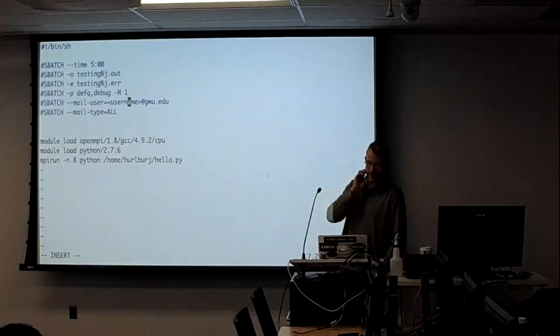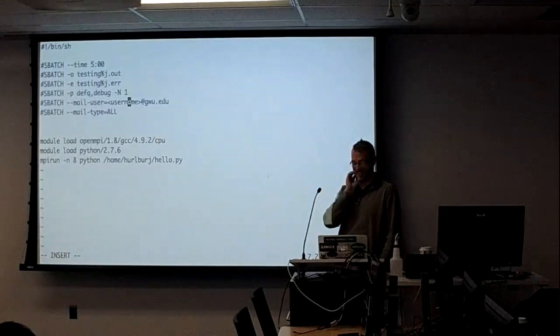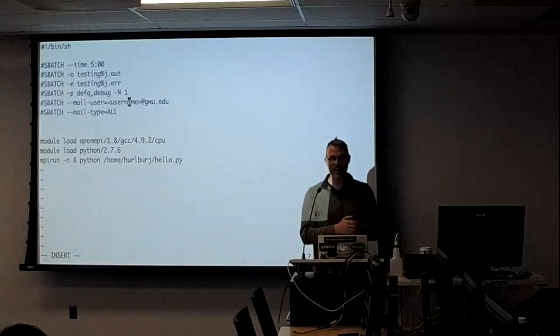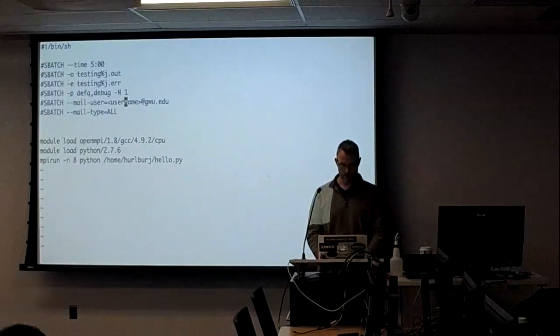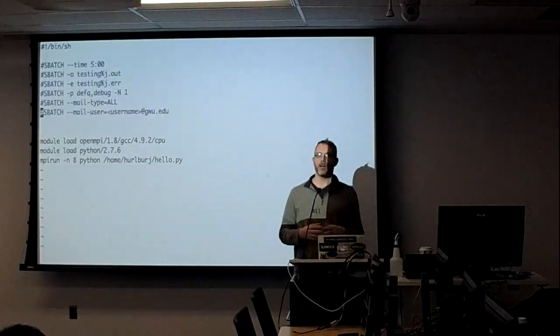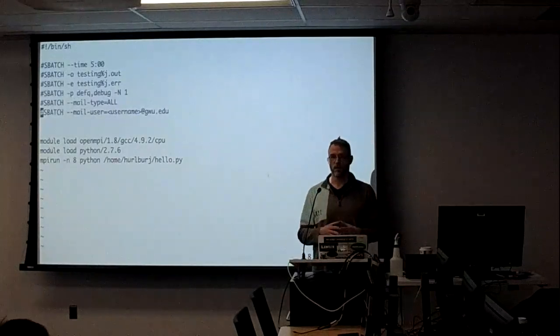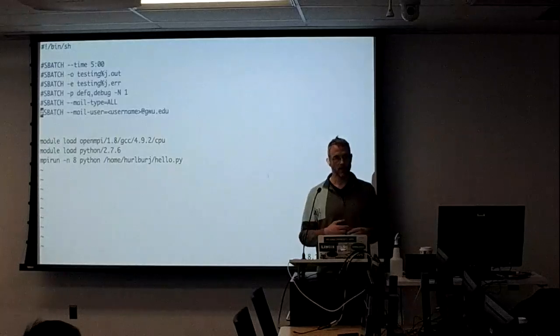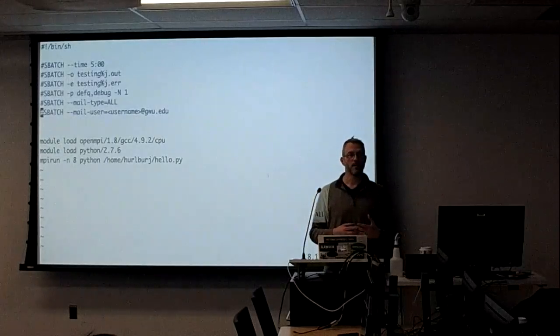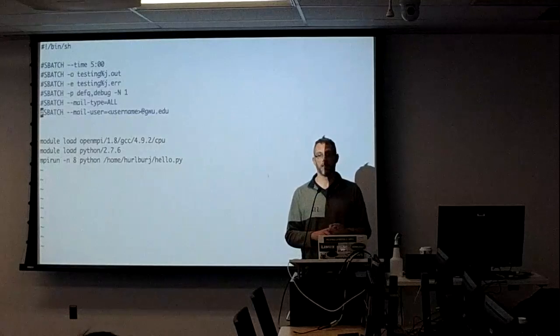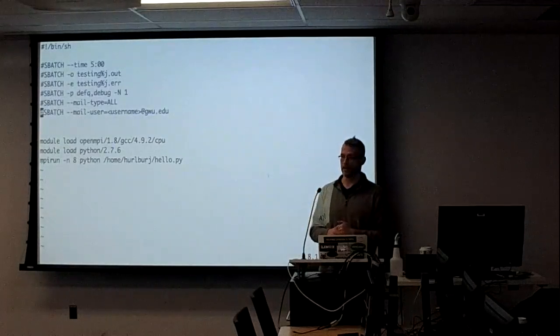Next 2 lines. These are dangerous lines, actually. So what's going on in the next 2 lines here? Actually, I'm going to cover these in reverse order. It turns out that you can get Slurm to email you when your job changes state. When your job is first submitted, it starts out in the pending state.